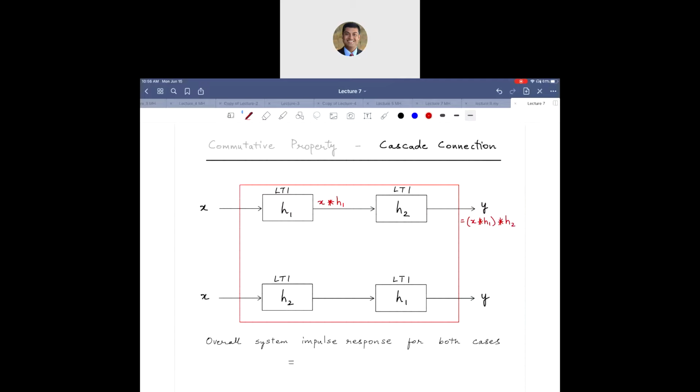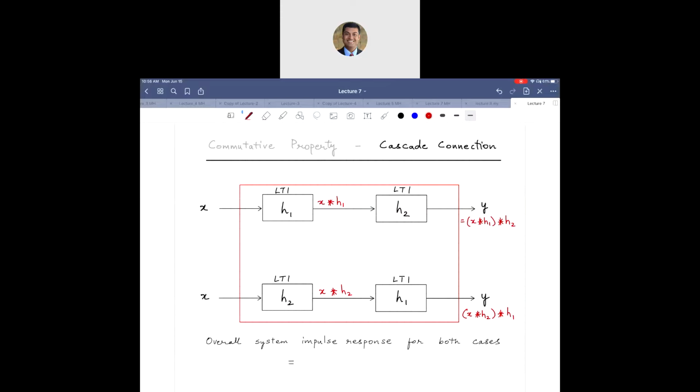Now, because these are commutative, it will be the same output when you switch the two around. Meaning, if the input goes into the LTI with impulse response h2, the output is going to be x convolved with h2. Then it goes through a system with impulse response h1. You get the output x convolved with h2, then convolved with h1.